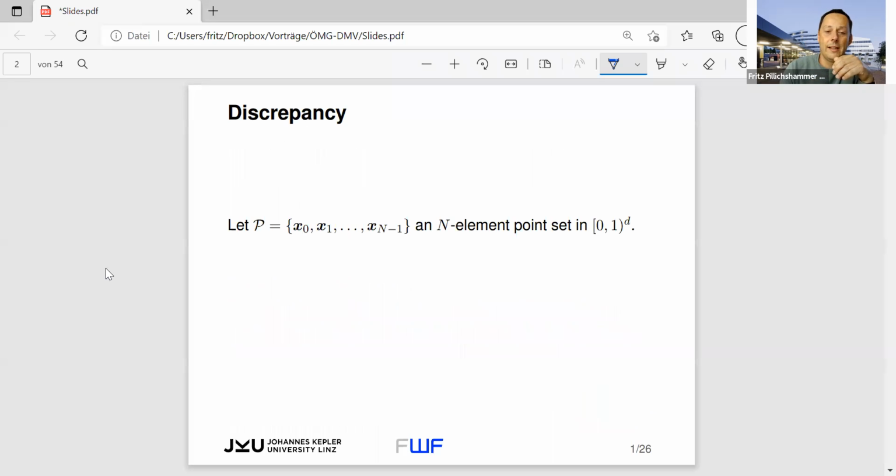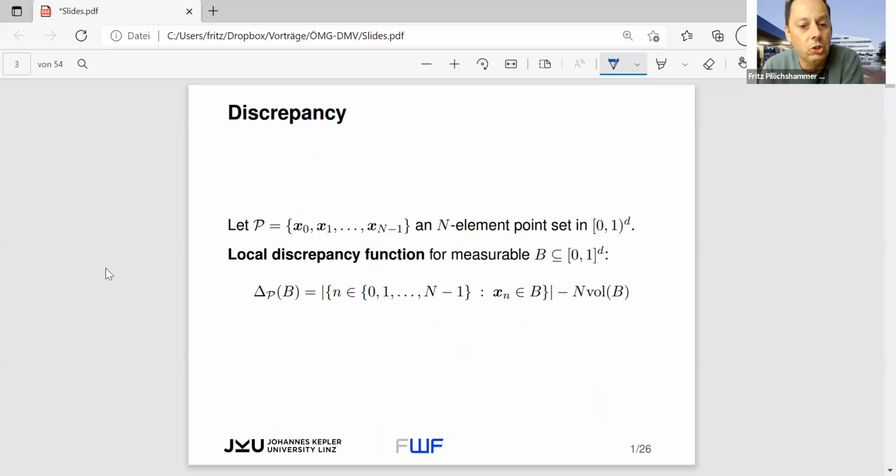So we study distribution properties of finite n-element point sets in the d-dimensional unit cube by means of discrepancy, which is based on the notion of a local discrepancy function delta P. P is the point set, and capital B is a measurable subset of the d-dimensional unit cube, sometimes called a test set.